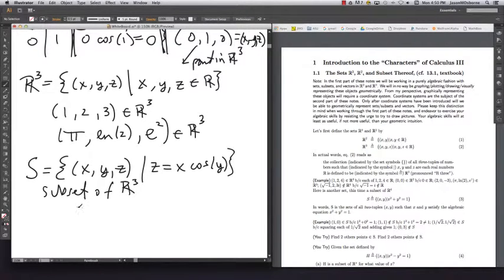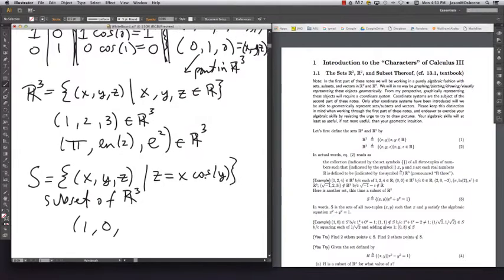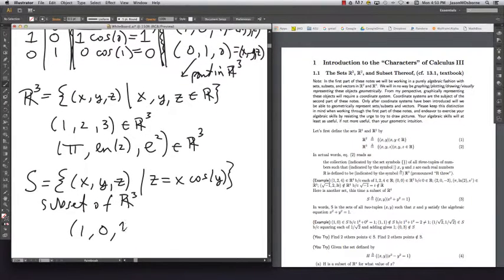Because if I pick an x value, 1, a y value, 0, I can plug into this function to get the z value, which was 1, and I can see that I have three entries. This is in R3.